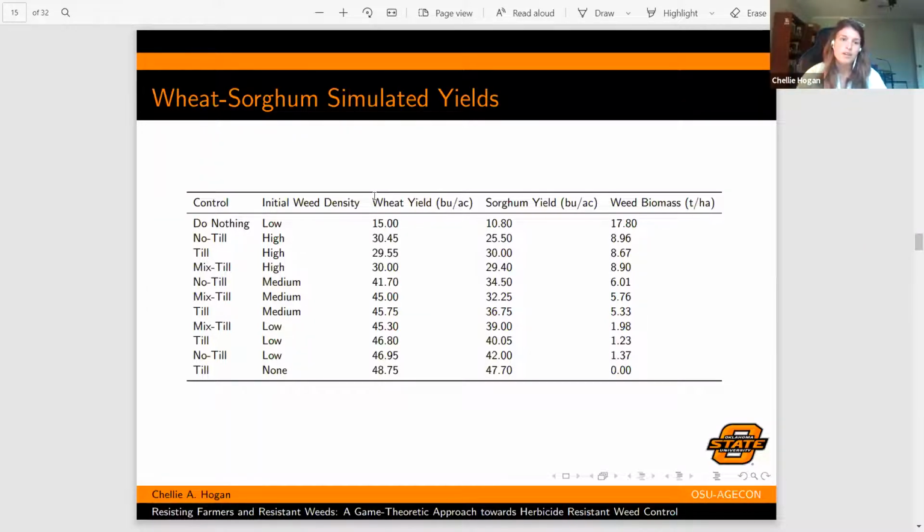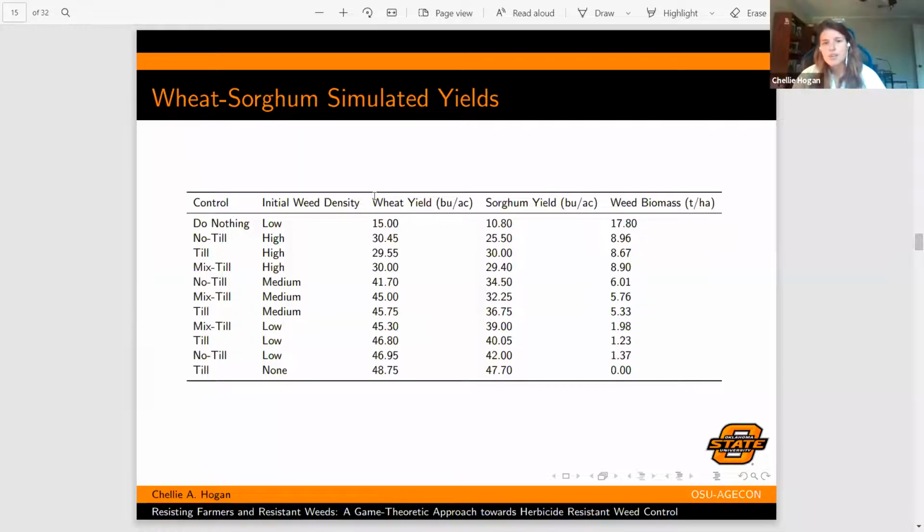And so the top row is the worst case scenario. So that's we're not going to try to control the weeds. We're just going to initialize the population and we just let it grow. So there is that yield penalty of, looking at wheat, going down from 48 bushels per acre in our best case scenario to 15 bushels per acre in the worst case with no control.